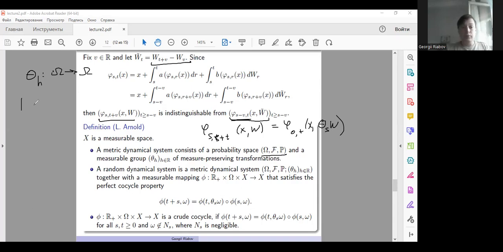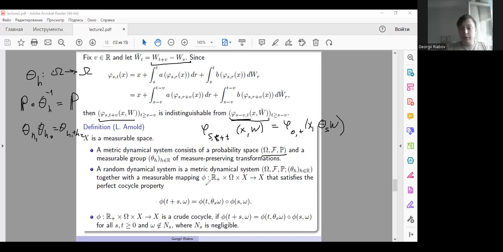So the image of the probability measure P under the mapping theta is equal to P, and usually theta is called the shift. It is a group in the sense that the composition of two shifts is the shift by h1 plus h2. So this is a metric dynamical system.